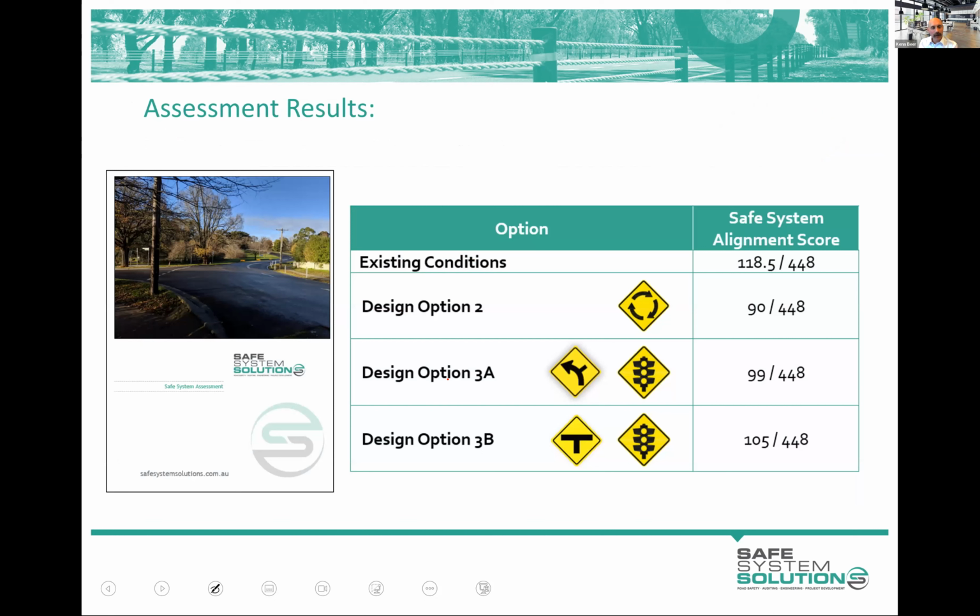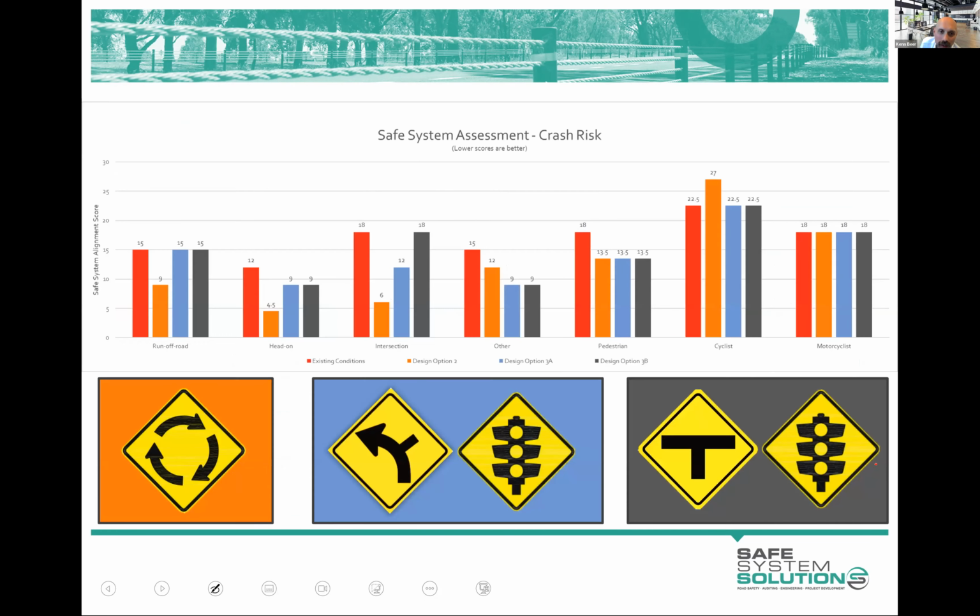And then what happens is you get these final scores, and you've got the existing conditions, and you can see here for our intersection, the existing conditions give us a score of 118.5. All 3 designs that they put forward will improve alignment with safe system principles. The roundabout will give us the best alignment, and then the modified T, and then the conventional T. So that's your highest level.